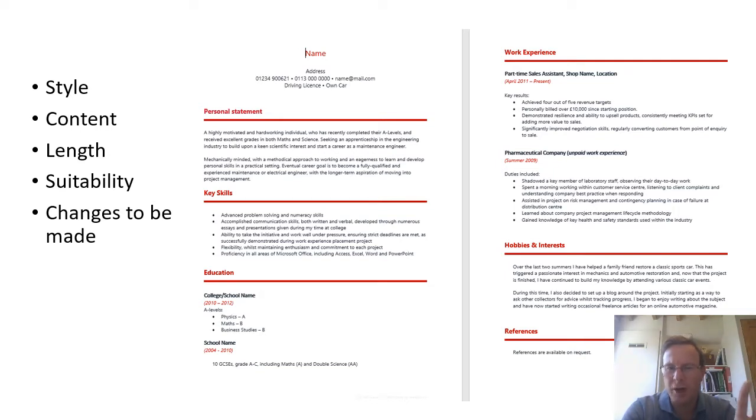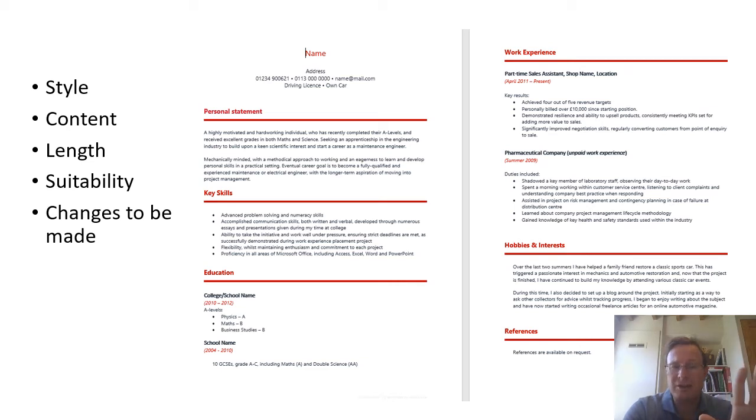You'll see also that underneath the key skills it's got education. So this to me would suggest that this is a school leaver CV, whereas if it was a job changer CV, that work experience may come before education, because that's the most recent, most relevant thing. So the style here is very professional.